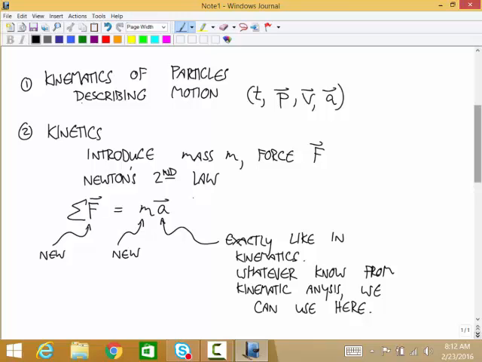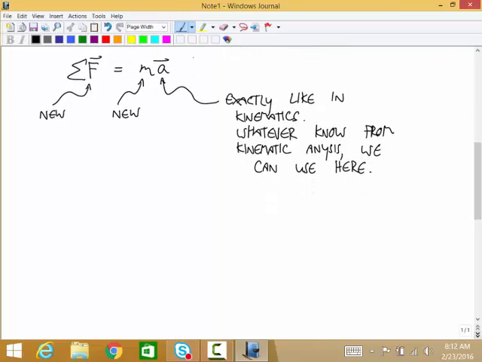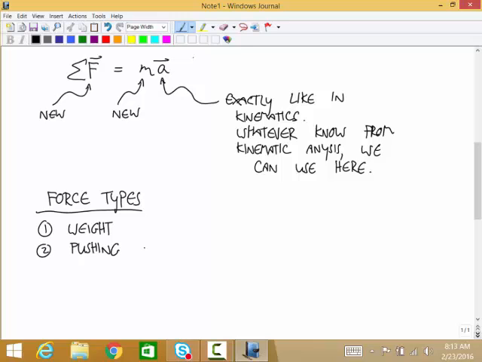All right. Pushing contact. Okay, so here are the force types. There are 5 of them. What's the first one? I don't remember what order I went in. Okay, weight is one of them, sure. The second one is pushing contact. Now those are the 2 that we've done.